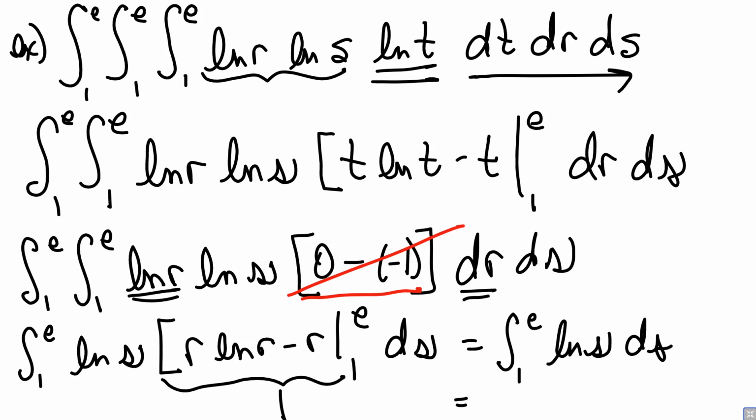Well, we know the antiderivative of this. It's going to be s natural log of s minus s, and then we evaluate from 1 to e. So we're going to end up with an answer of what? Just 1. Okay, and there's your answer.